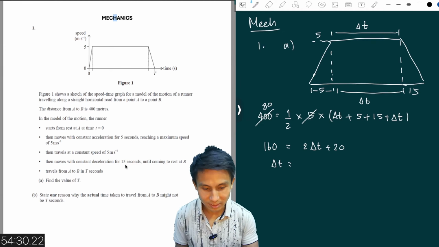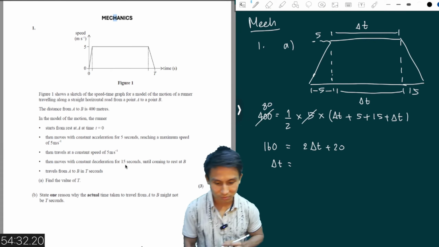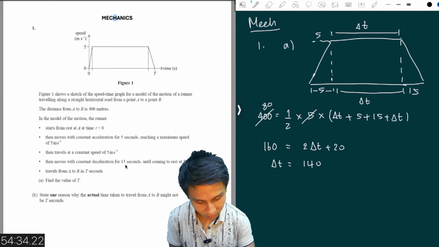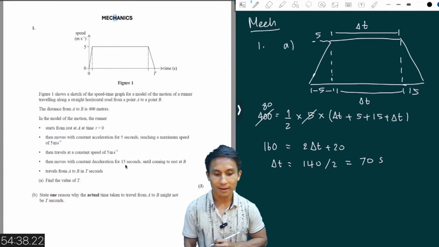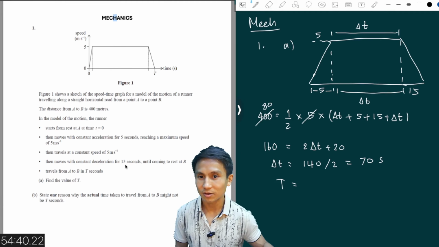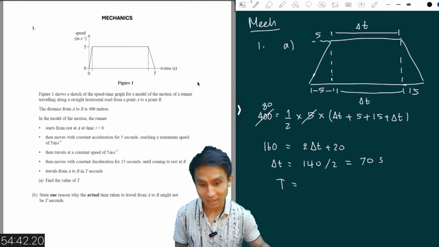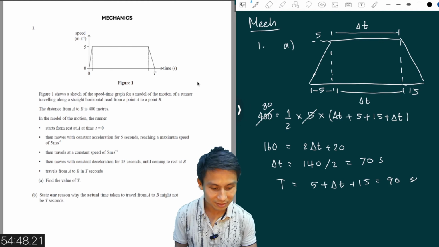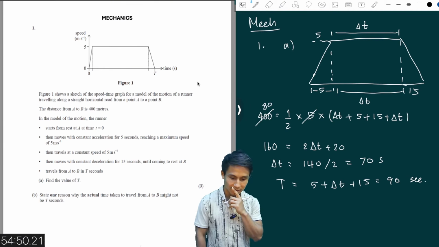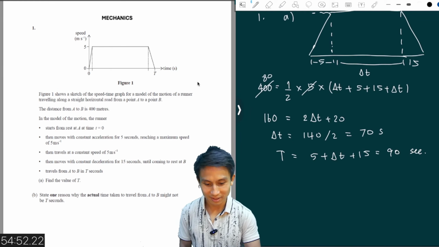So delta t, the time taken for constant speed, is 140 divided by 2, which is 70 seconds. That means t, the whole time taken, would be 5 plus delta t plus 15, which is 90 seconds. All right, so that's part A.